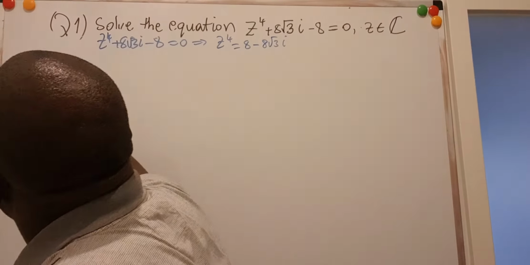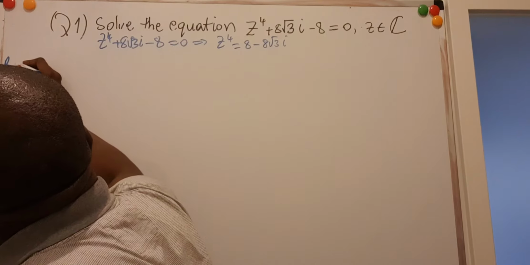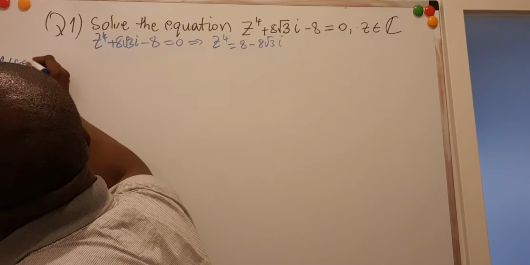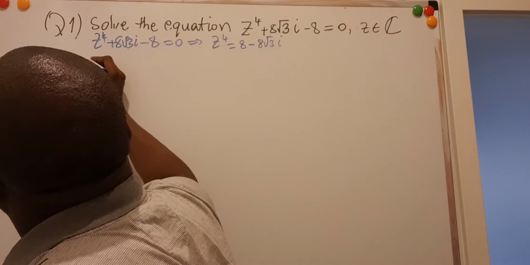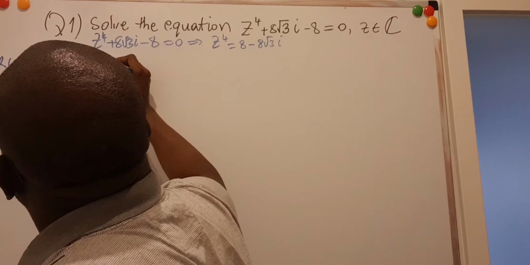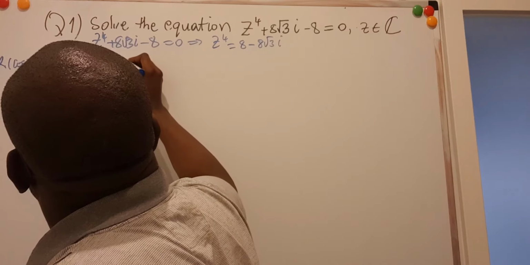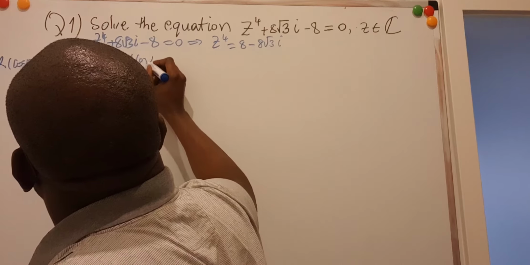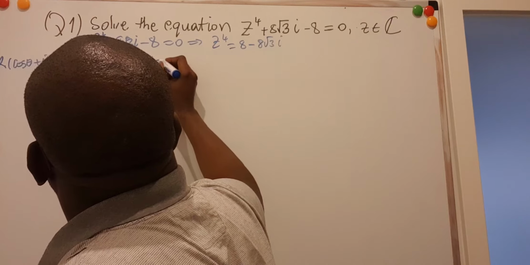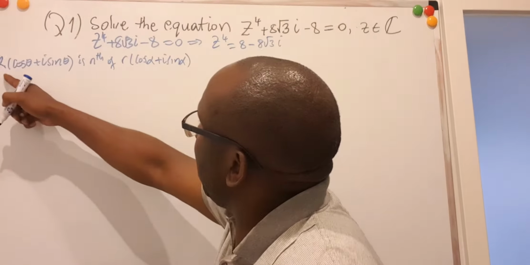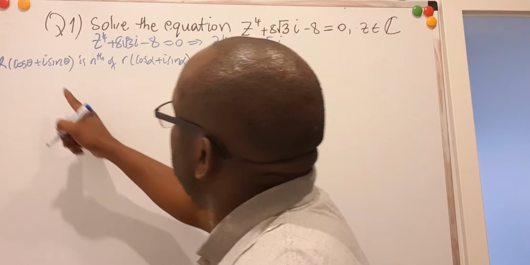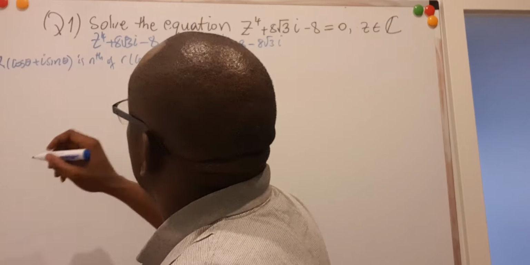Let's assume, for example, that this complex number, R (cos theta plus i sine theta), is the nth root of another complex number, small r (cos alpha plus i sine alpha). If this is the nth root of this, it means that this raised to the power n should be equal to this.